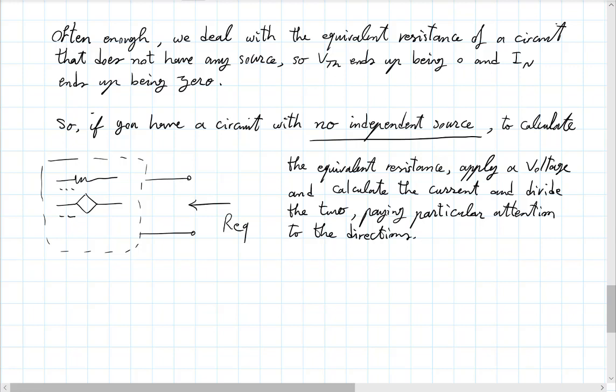So in this case, for instance, I would just do something like this. If I apply a voltage V naught here, if I use this current, like we did in the previous example, then our equivalent will be minus V naught by I naught. This is exactly what we did in the previous example.